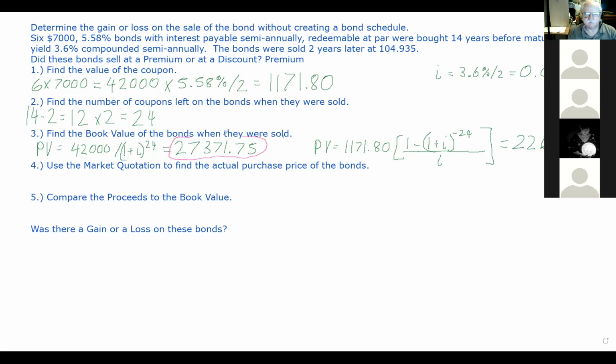And what we'd have to do to get the value of the bond is add these two together. So 27371.75 plus 22673.78. Let's see what they add up to.